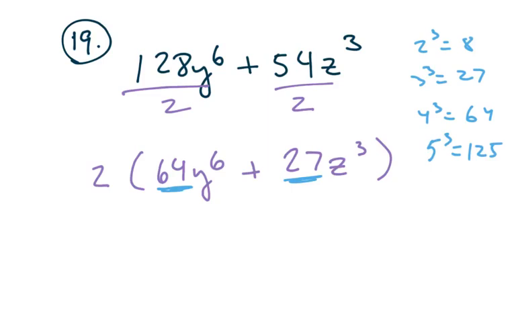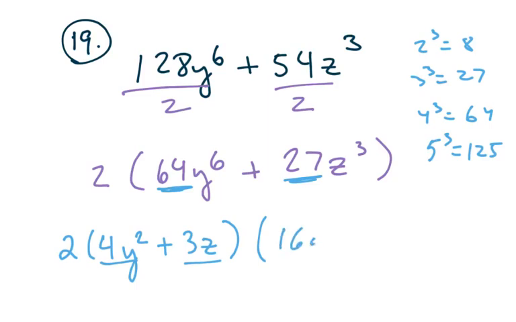We can take the sum of cubes here. So remember, the sum of cubes is take the cube root of both of these. So the cube root of 64 is 4. The cube root of y to the 6 is y squared. The cube root of 27 is 3. The cube root of z cubed is z. And then we just rewrite each of these squared. So that's 16y to the 4th.